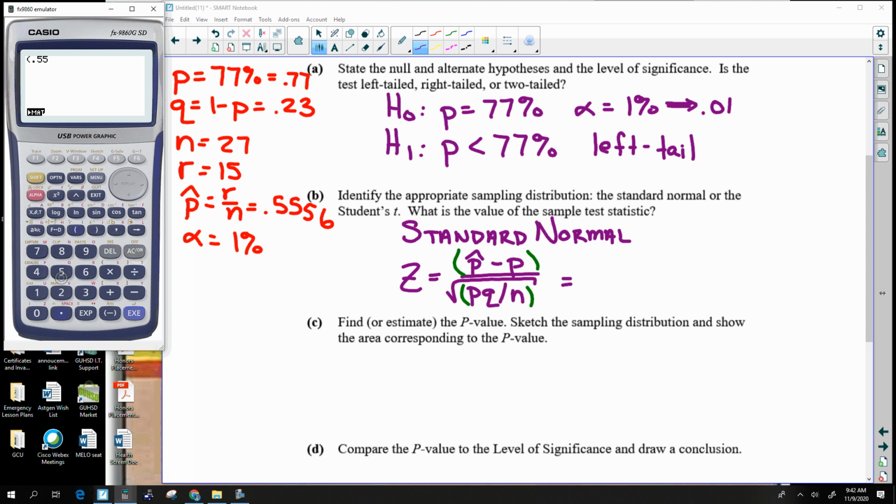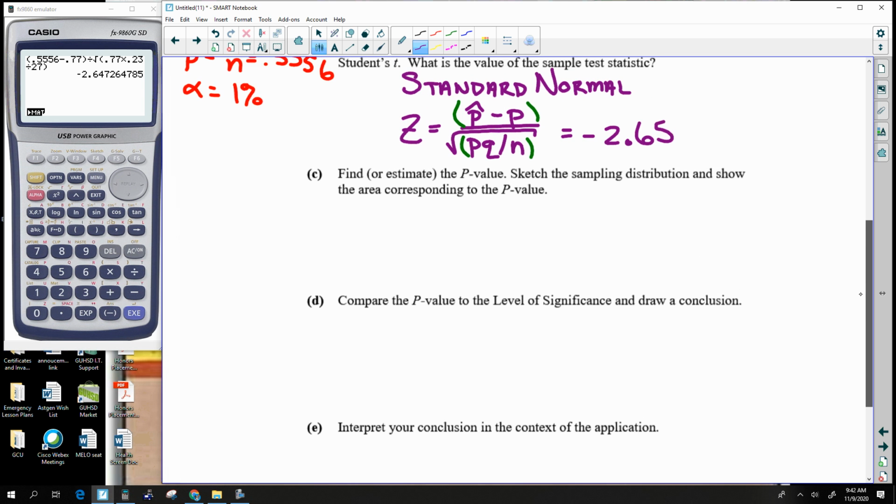All right, so p hat minus p, divided by the square root of pq divided by n. That gives the Z-score, so I take that to 2 decimal places.